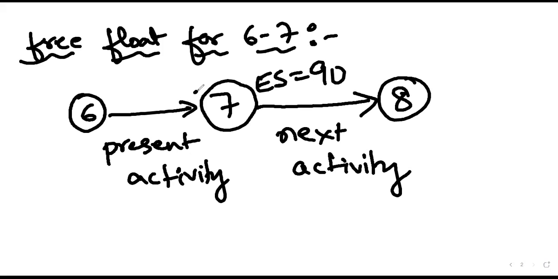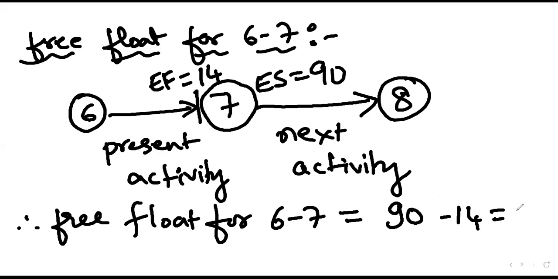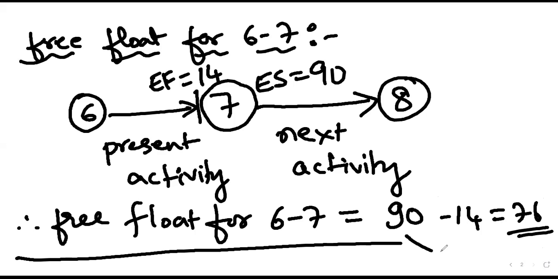And the early finish of 6-7? 14. So therefore, the free float for the 6-7 activity is equal to how much? 90 minus 14, which is equal to 76. That's right. So this is the free float for the 6-7 activity.